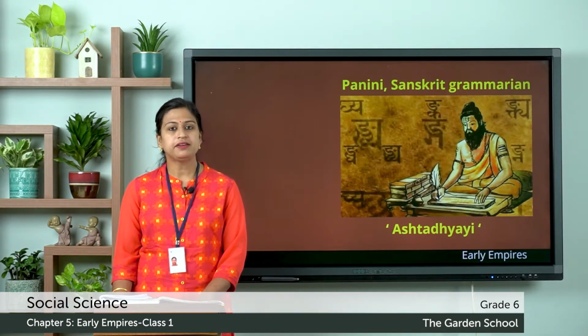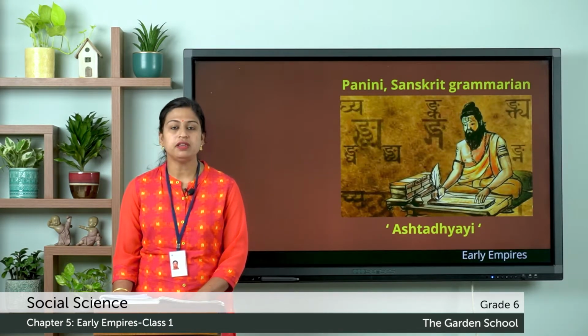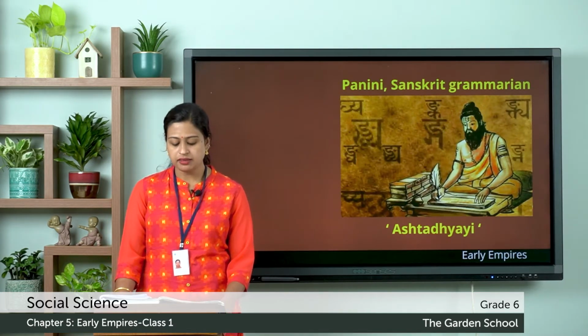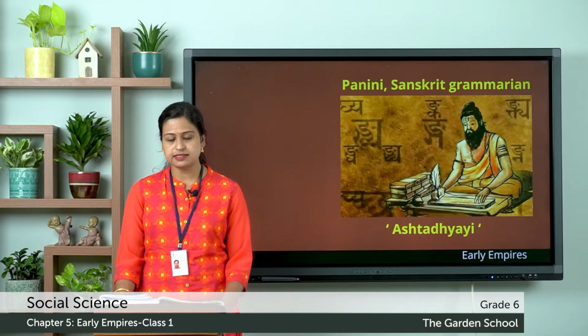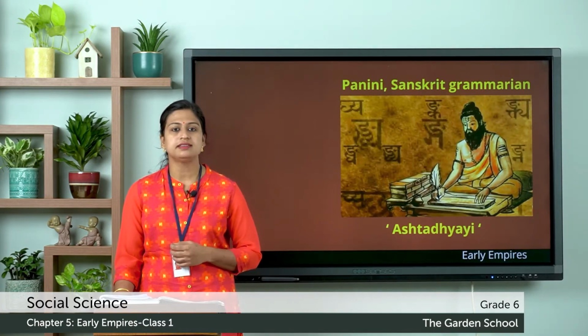Then we have increase in trade, under which we have the formation of merchant guilds, then the emergence of seaports on the west coast. Then we have the religious changes, that is the Varna system and the rise of Jainism and Buddhism. So we will be discussing all these topics in this chapter.